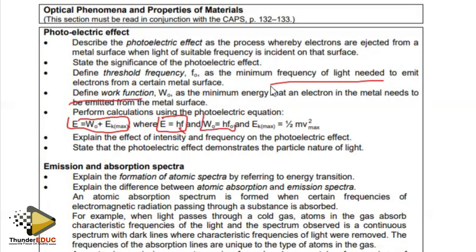This is the formula for the work function, and then the EK max is given as that. Explain the effect of intensity: if you increase the intensity of the light, what will happen to the number of electrons ejected? When you change the frequency, what will happen? Then state how the photoelectric effect demonstrates the particle nature of light.